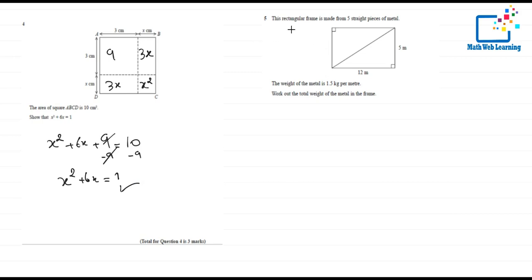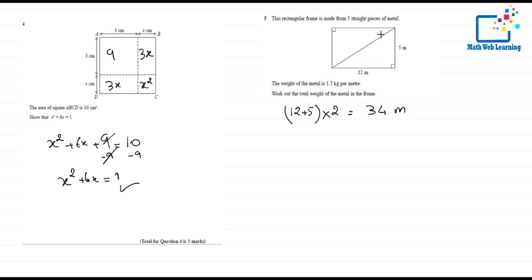Question number 5, we need to work out the total length of the frame. So we need to find the perimeter, which is in this case 12 plus 5, right, and then times it by 2, and that's 17 inside the bracket, double it, that's 34 meters. That's the perimeter.